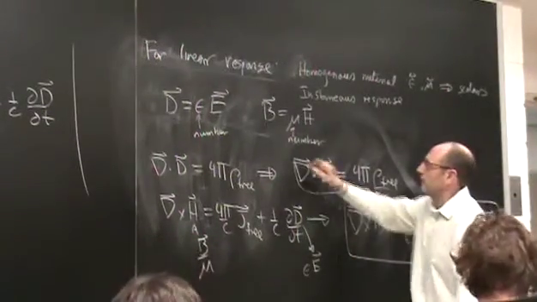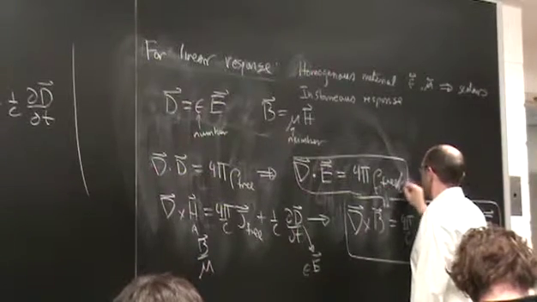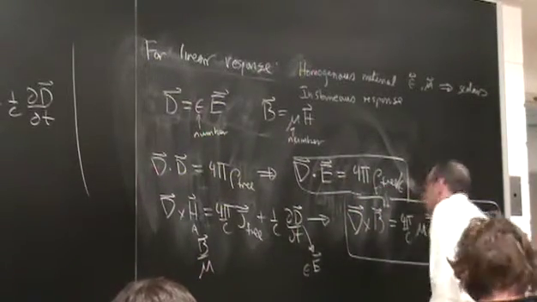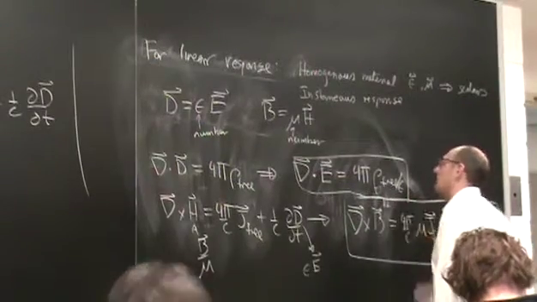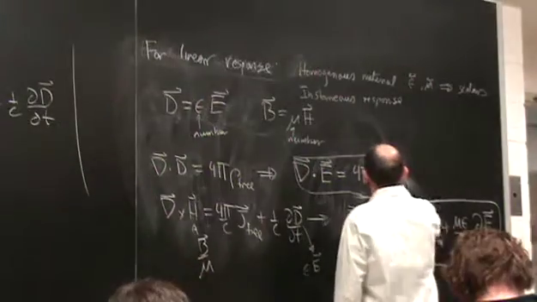And of course, del dot B is still 0, and del cross E is still minus 1 over C dB dt.